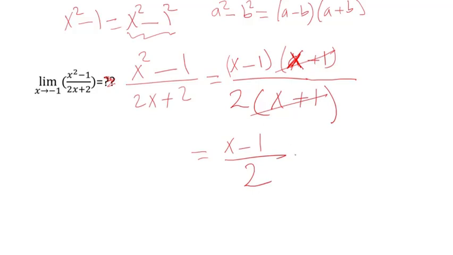Then I replace x with minus 1. So minus 1 minus 1 is minus 2, divided by 2, which is minus 1.